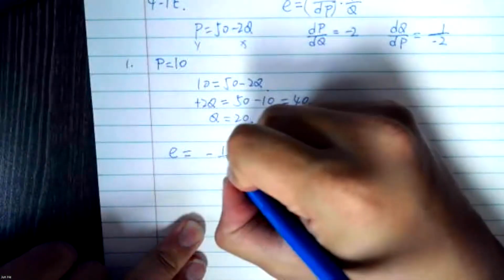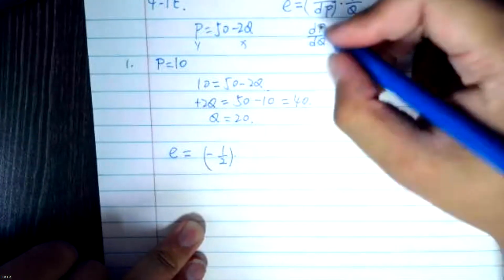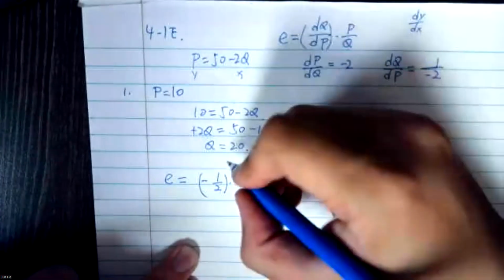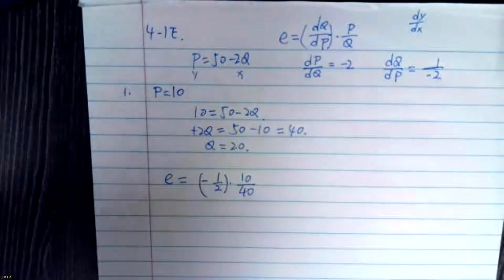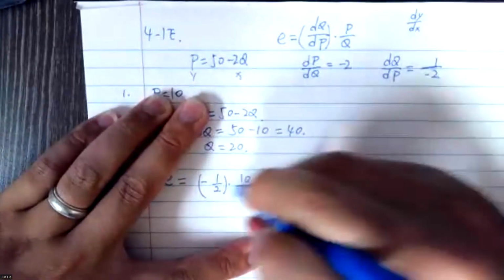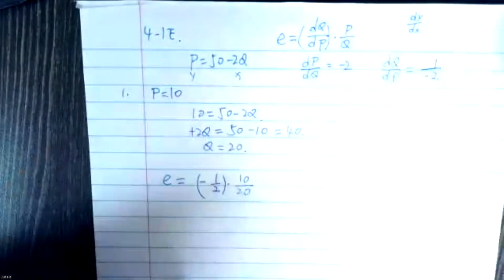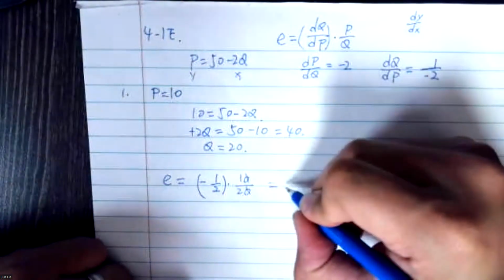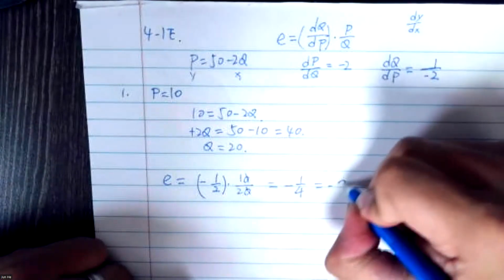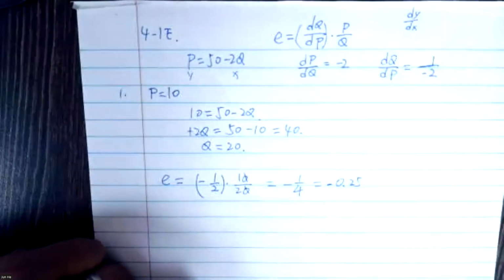Elasticity equals -half, which is the first term, multiplied by P over Q. P is 10, Q is 20. Those zeros cancel, and the result is -1/4, which is -0.25.